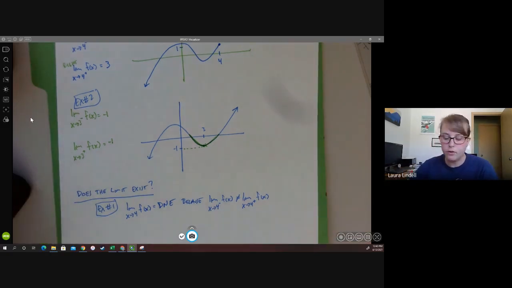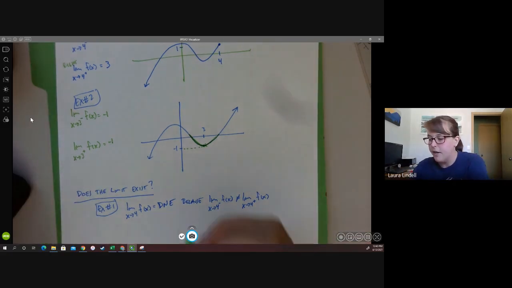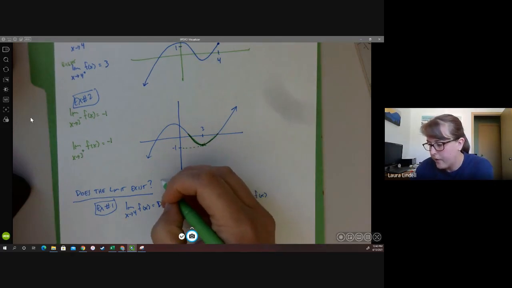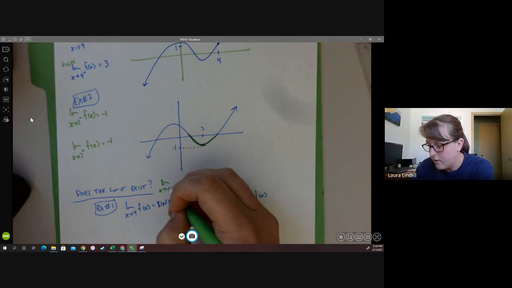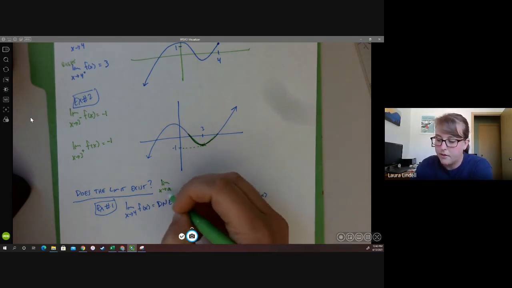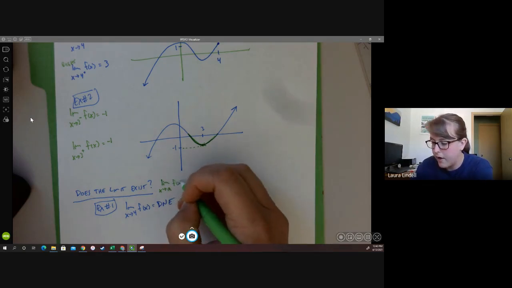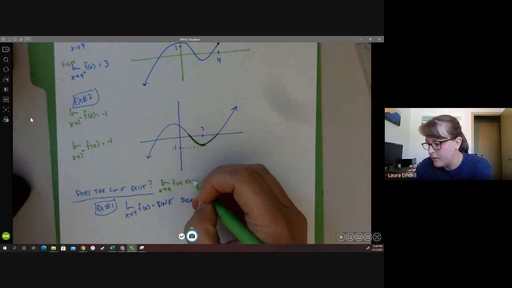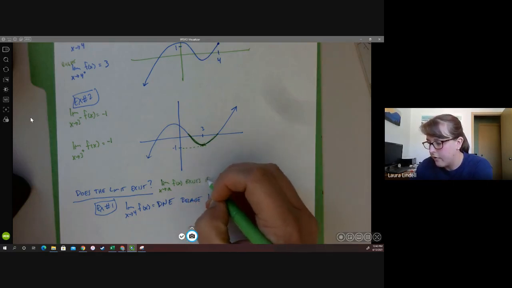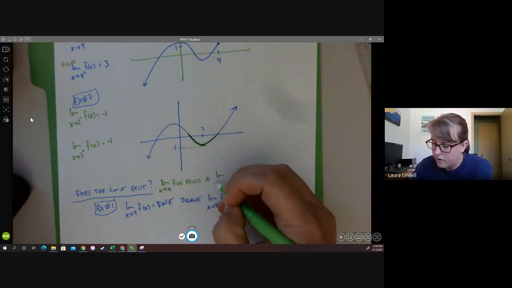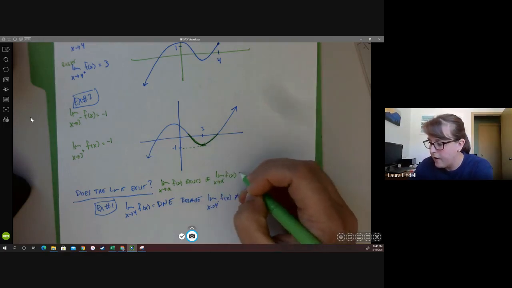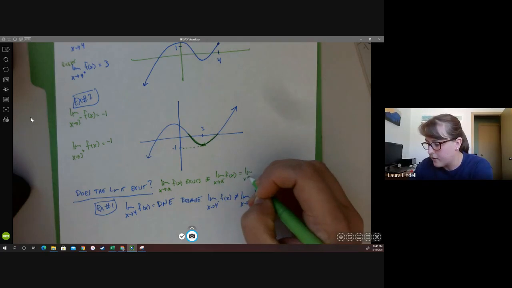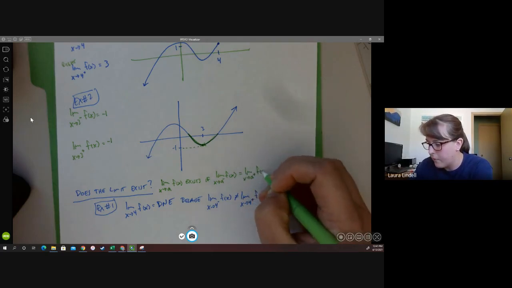So kind of our rule here, the limit as x goes to a, for some value a, exists if the limit as x goes to a from the left is equal to the limit as x goes to a from the right.